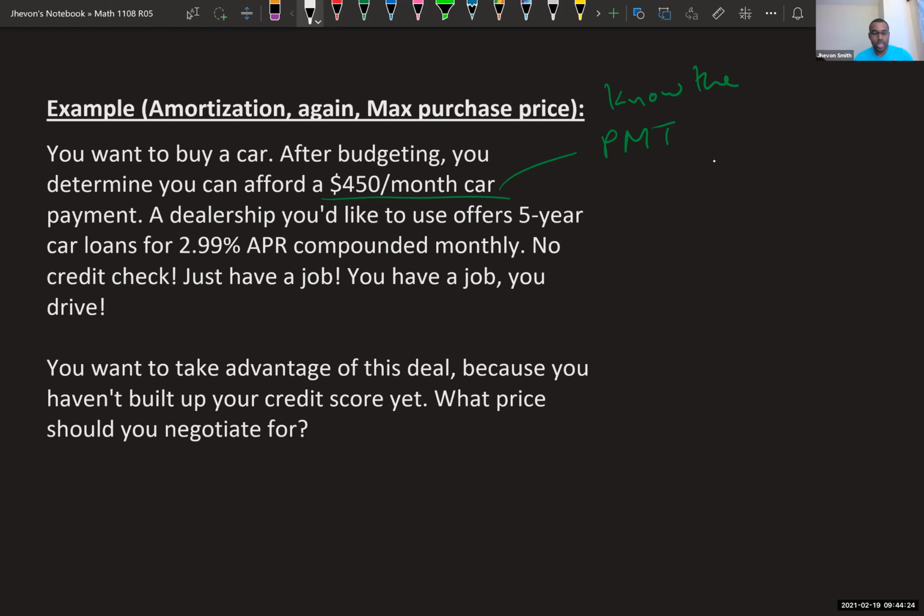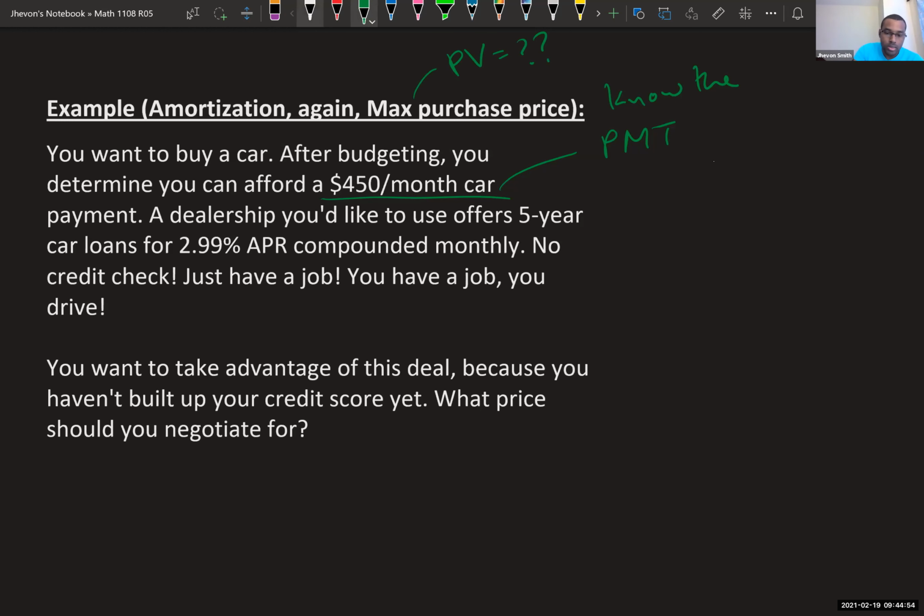So essentially what we want to do is find the max purchase price, which in this case is going to be the PV, the present value, right? So that's what they're going to loan me right now to get the car, right? And then I'm going to have to use PMT, which in the back of my mind, I know what I want that to be to pay down that debt over a 5-year loan term.